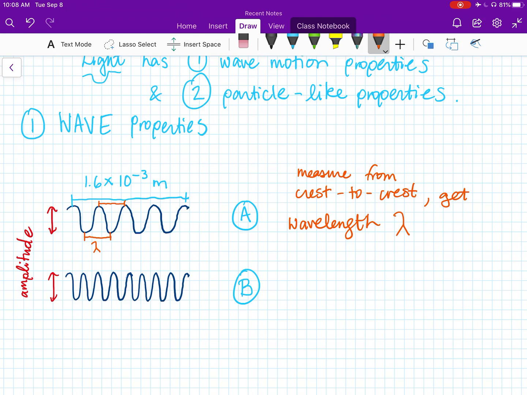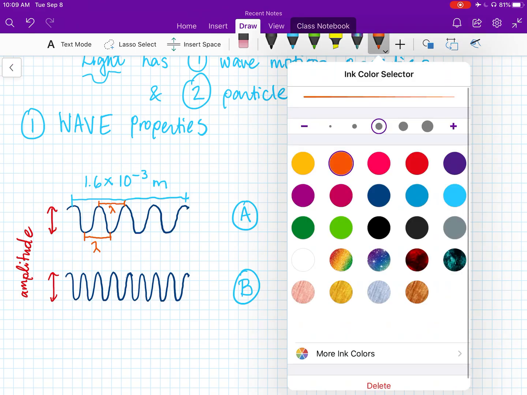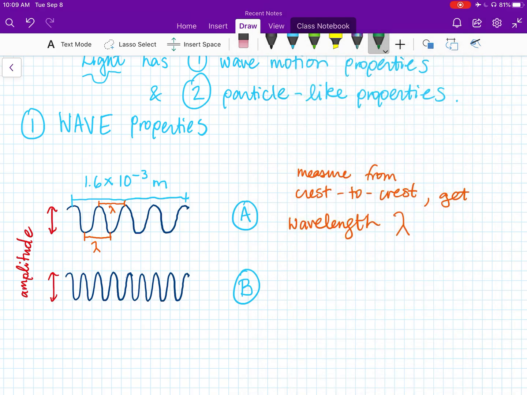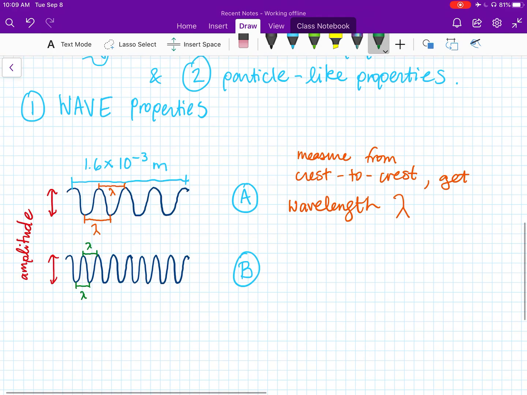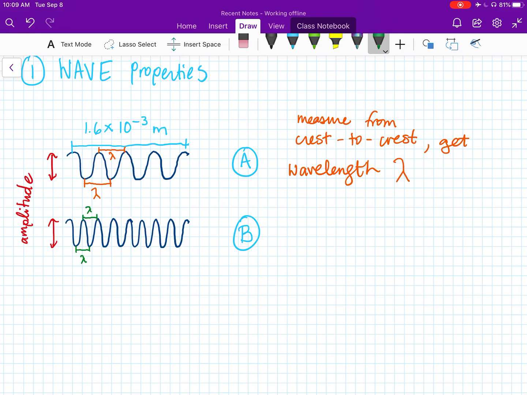So the lambda values for that first wave, wave A, are marked up there. Let's look at the second wave, wave B. Here, if I measure from crest to crest, that's going to be my lambda, or from trough to trough, that would be my lambda. So each of these waves, wave A and wave B, has its own unique wavelength.